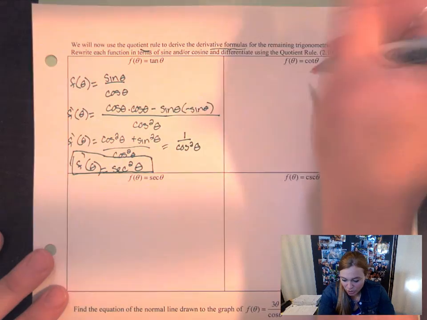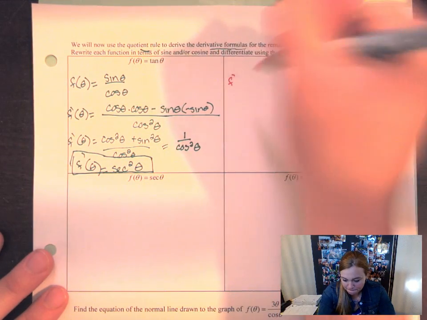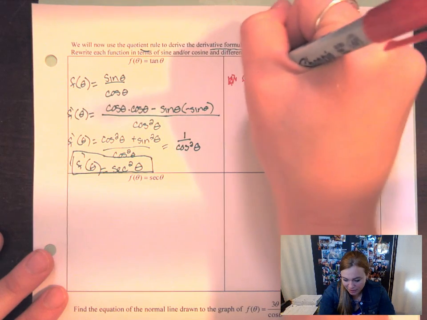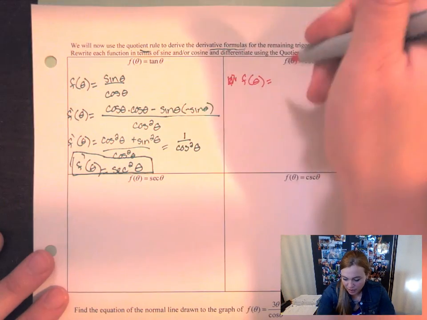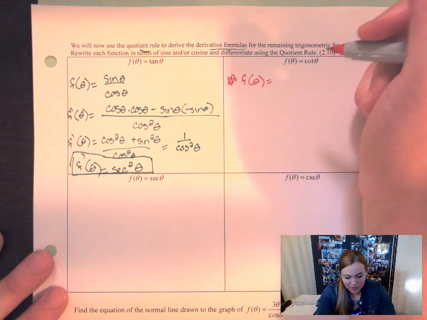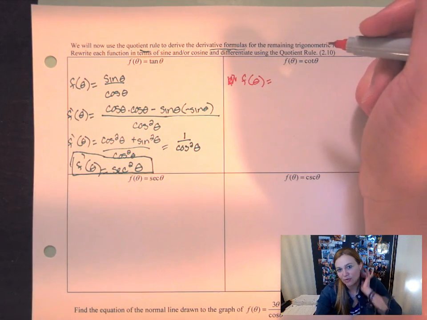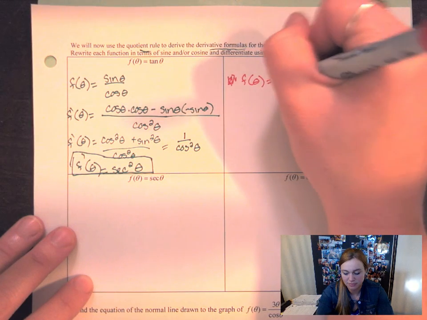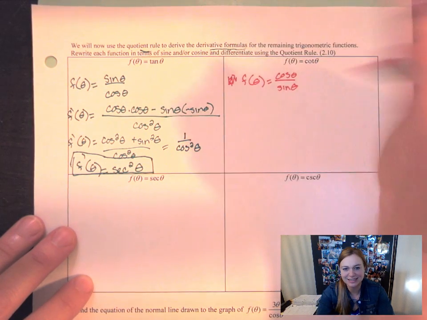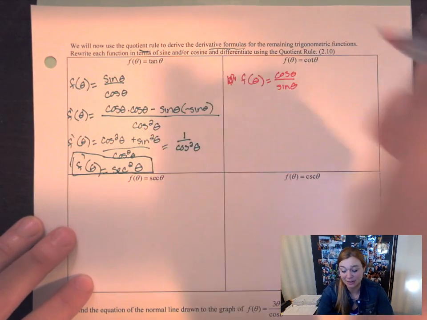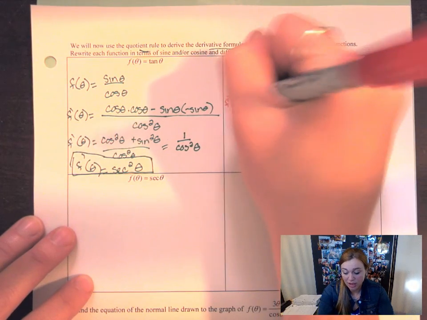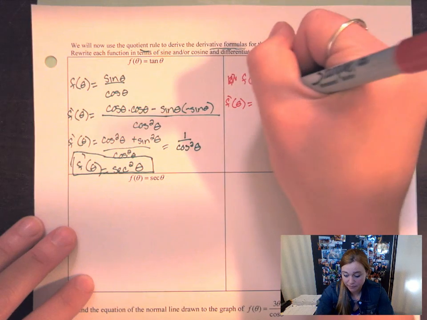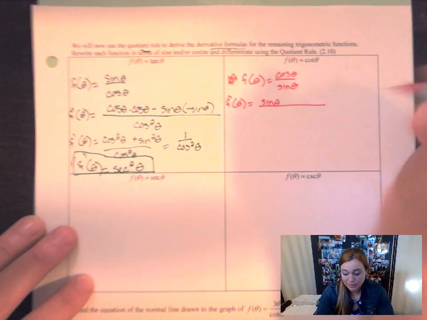So cotangent. I'm going to write f of theta is equal to cotangent. You can either write 1 over tan or you can write cosine over sine. I'm going to stick with that one. It doesn't matter which one. So you could have done 1 over tan and then derived that. F prime of theta is going to be the bottom, so sine of theta, times the derivative of the top.